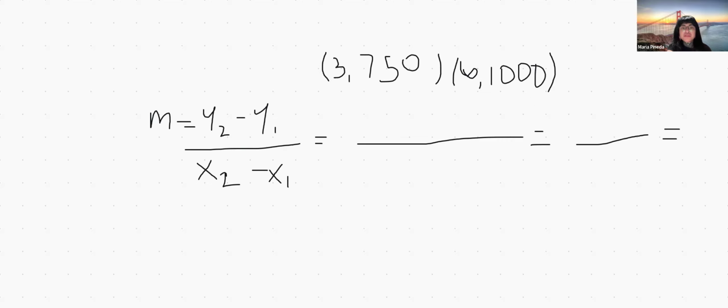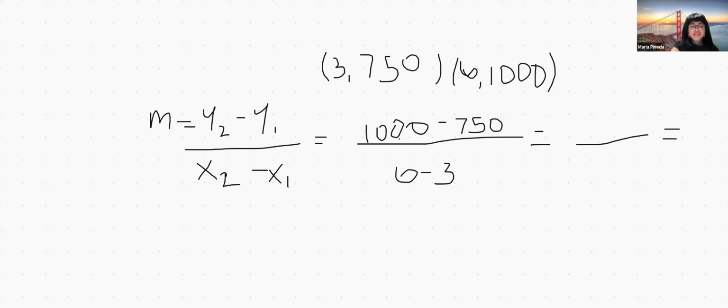So m equals, sorry, it's 1,000 minus 750 over 6 minus 3.